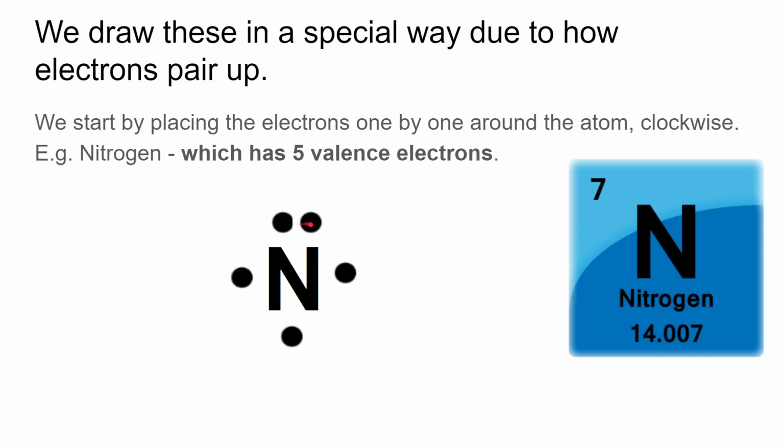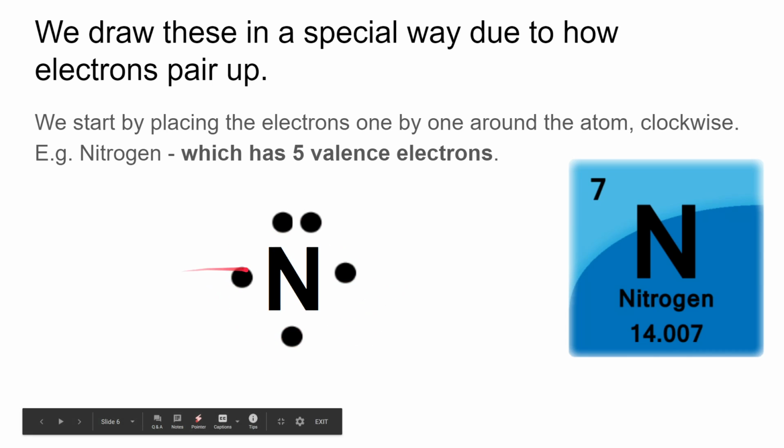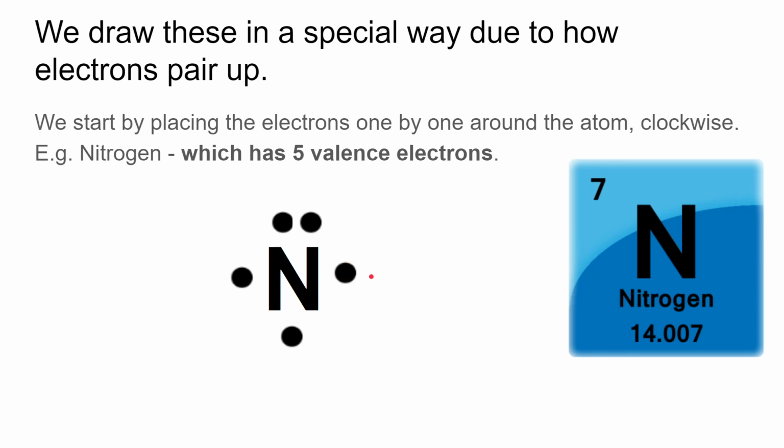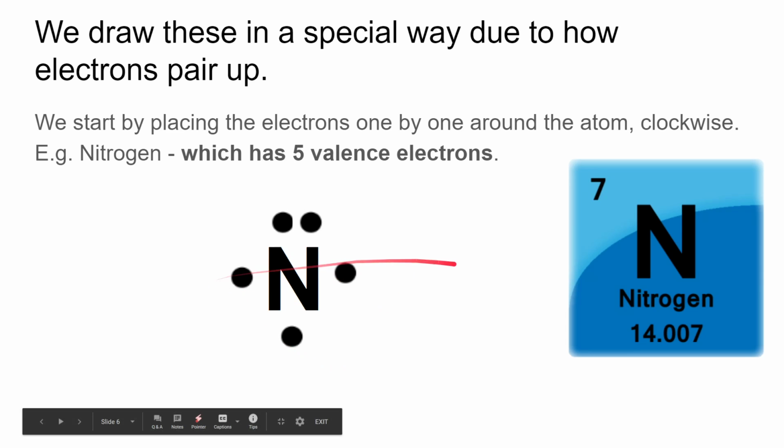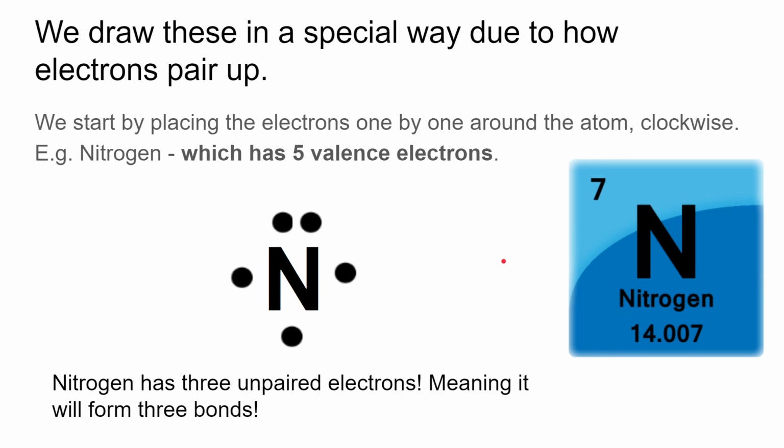These 2 are paired up, so they're fine, but it's got 3 unpaired electrons, meaning it needs to form 3 bonds to get 8. So nitrogen often forms 3 bonds, and it pretty much only forms 3 bonds in chemistry. Most common one is NH3, so nitrogen bonding to 3 hydrogens to make ammonia. Nice.